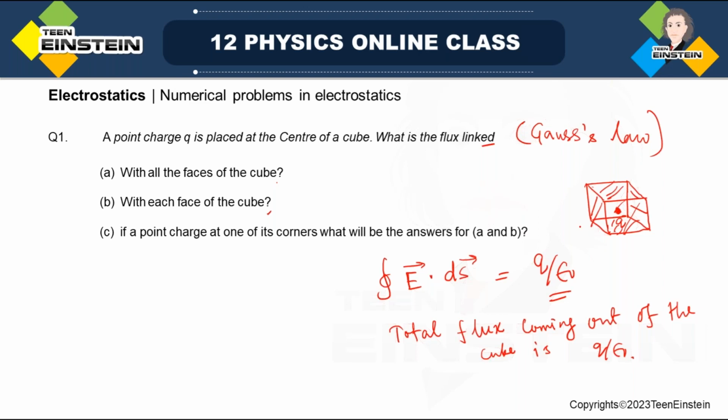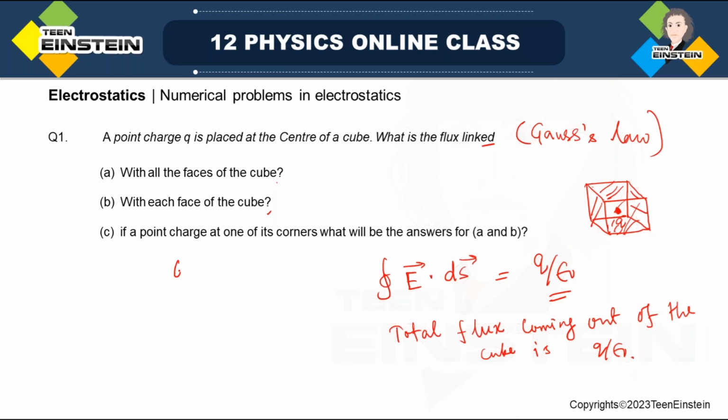Now, since this is a symmetrical body and the charge is situated at the center of the symmetric body, each face has equal probability to have flux through it.